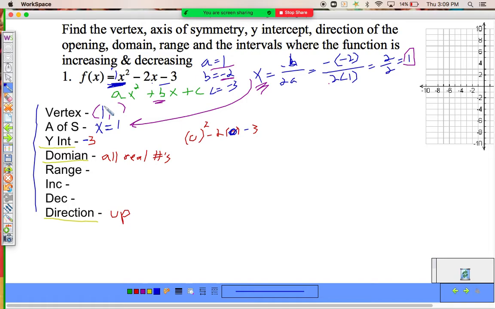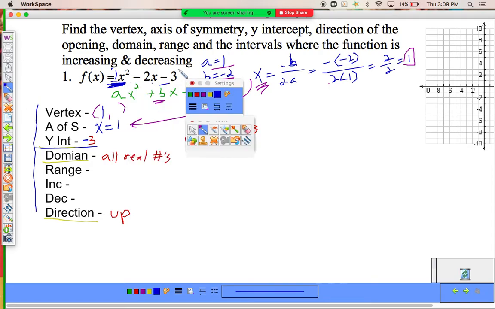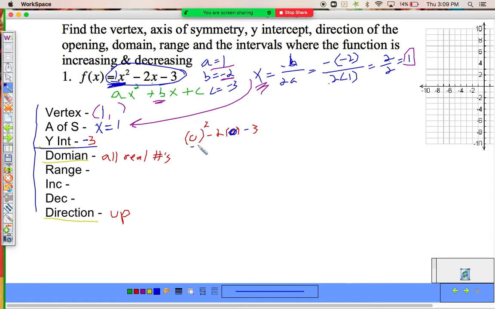My vertex has nothing to do with my y-intercept. My y-intercept is my math of plugging a 0 into x. Nothing to do with the vertex, completely separate. Because of my axis of symmetry, I know my vertex is 1 comma something.